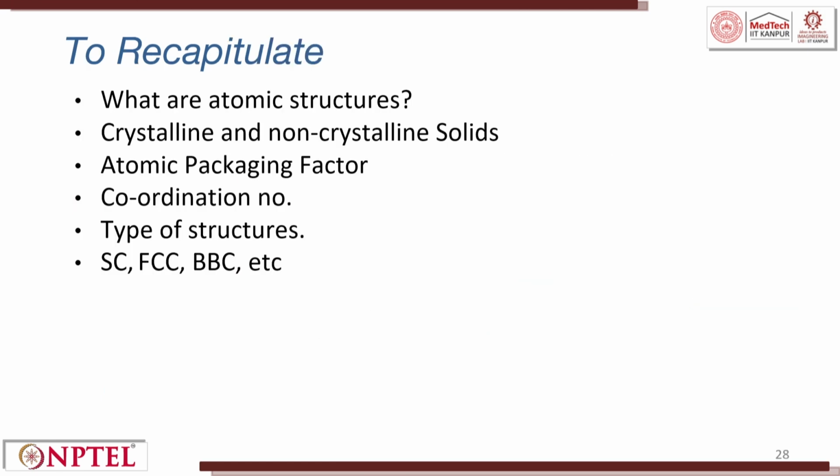In this lecture, what did we recap? We recapped the atomic structures, crystalline, non-crystalline, atomic packing factor, coordination numbers, and different types of structures: simple cubic, FCC, BCC, body centered, etc. I have given you one assignment: why can't the coordination number be more than 12?